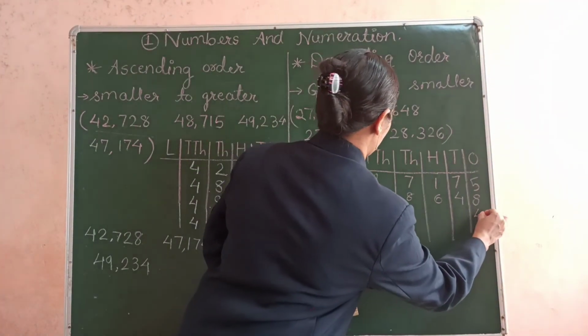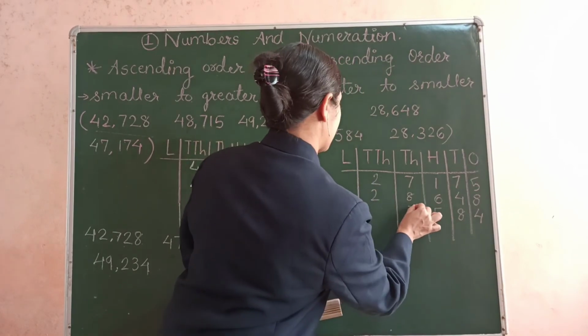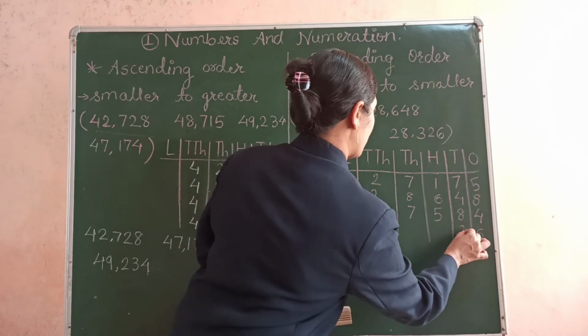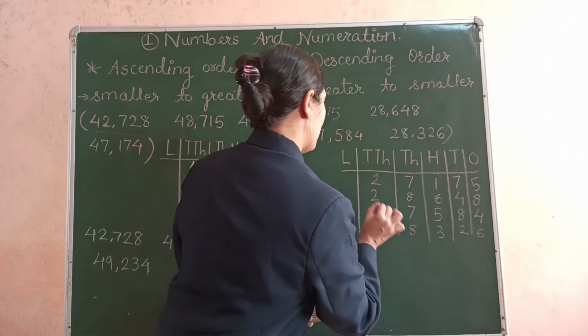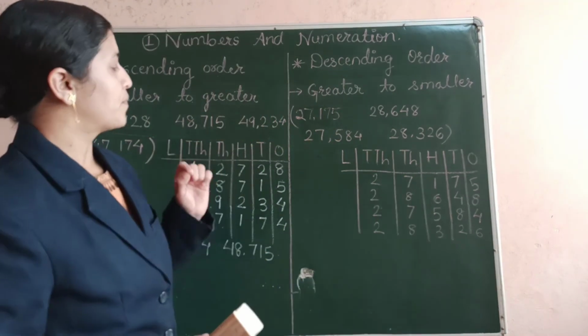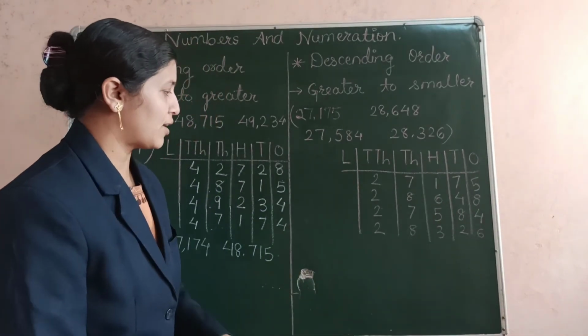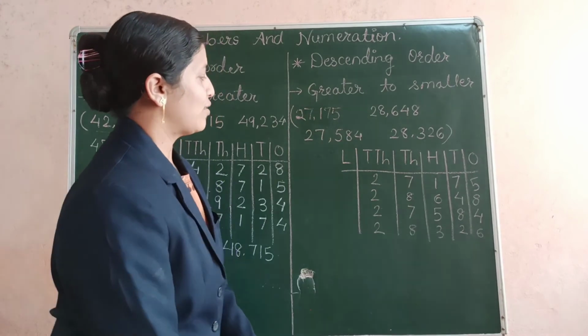Yes. 4, 8, I have 5, then 7 and 2. And the last number goes 6, 2, 3, 8 and 2. So I have done the work of writing these numbers into the place value chart. Now you can see the numbers, and now let us compare.